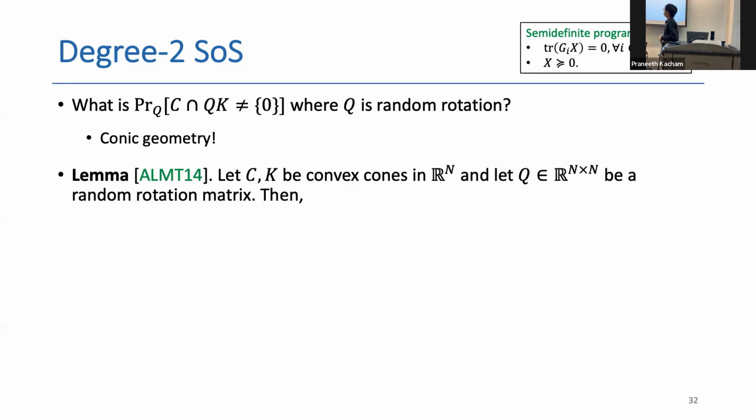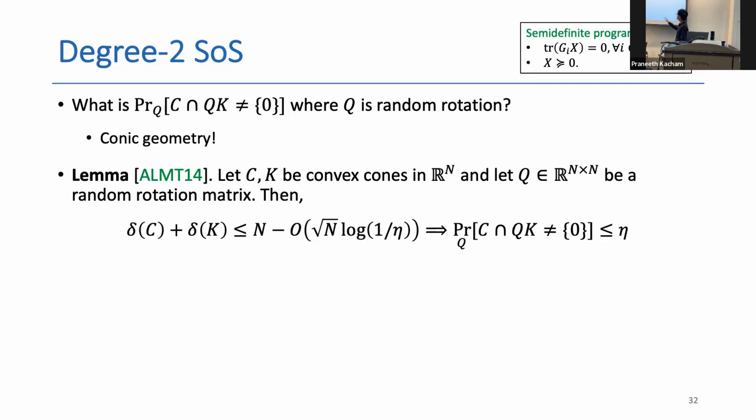Here's a lemma from some authors who work in conic geometry. Let C and K be convex cones in R^N, and let Q be a random rotation matrix.